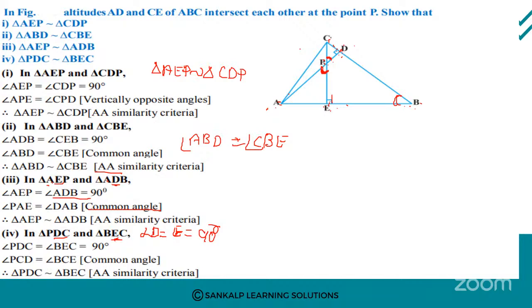Angle PDC is equal to angle BEC. These two angles are equal. Next, angle C is common. That is angle PCD is equal to angle BCE. So C is common for both the triangles. Here also two angles are equal. Therefore, by using AA criteria, we can say that triangle PDC is similar to triangle BEC.